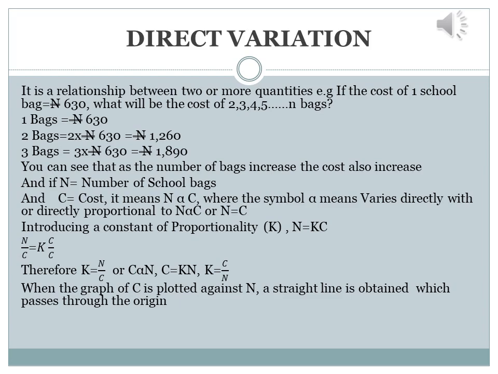And if n is equal to number of school bags and c is equal to cost, it means n varies directly with c, where the symbol alpha means varies directly with or directly proportional to. N varies directly with c. Introducing a constant of proportionality k, n will be equal to kc.